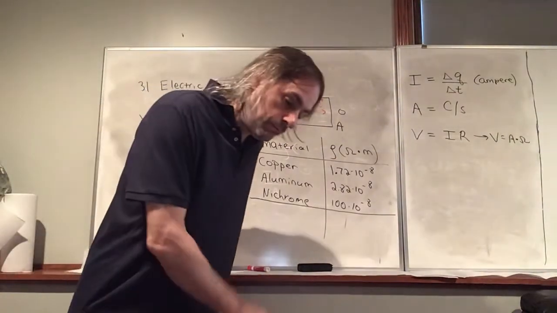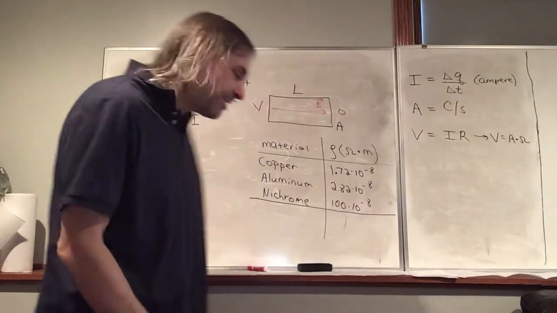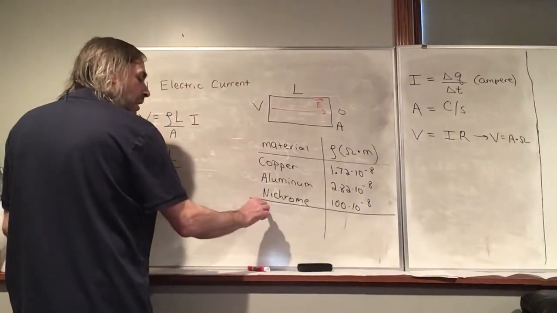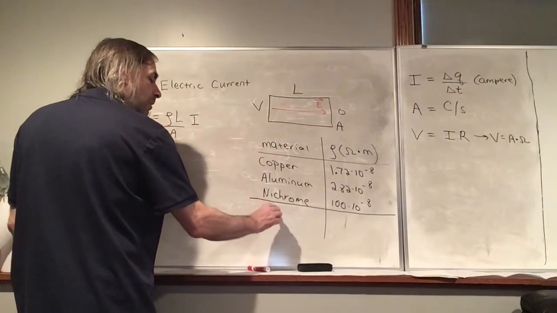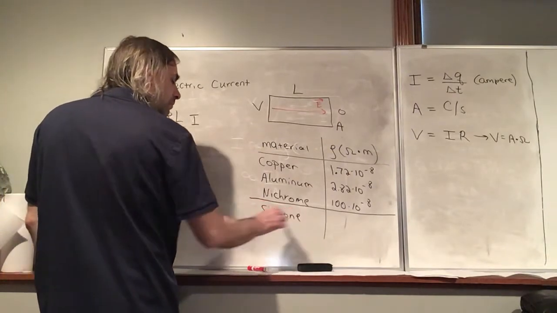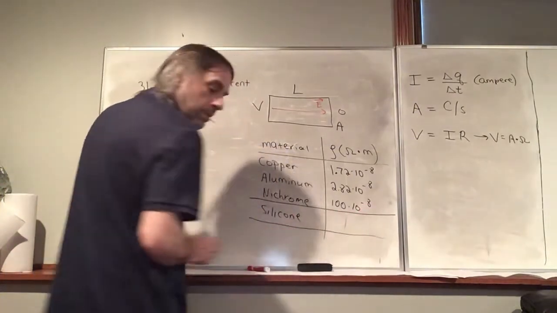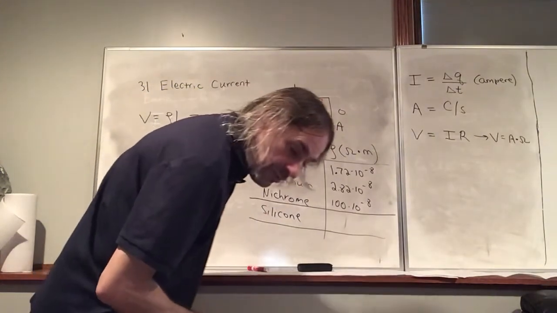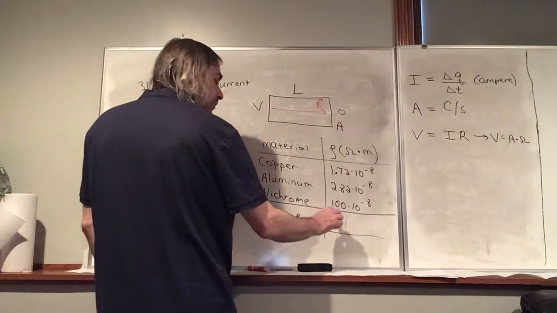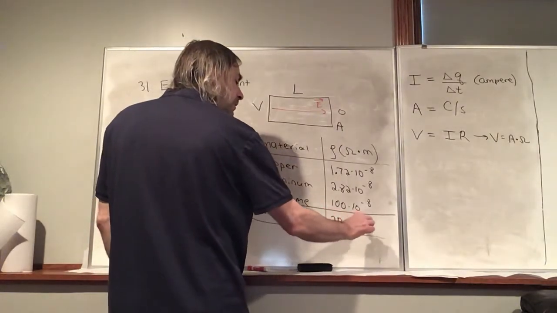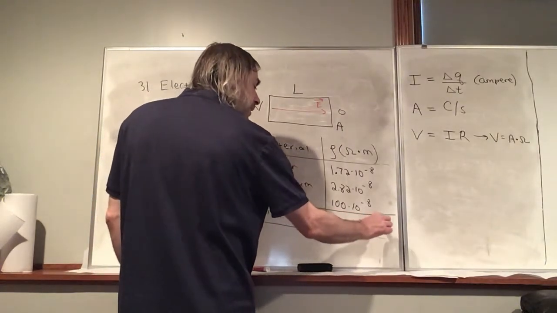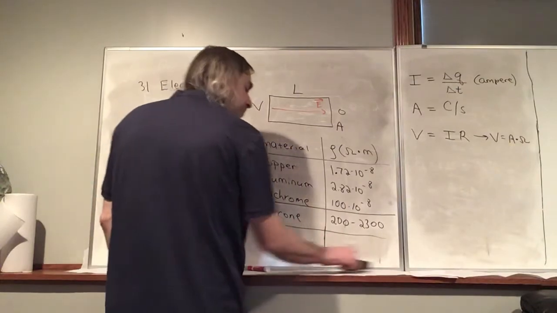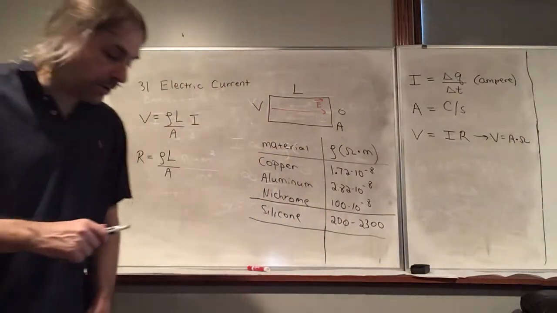I'm going to write another one, something called germanium. Actually, I use silicone. Silicone, now this one has a range anywhere from 200 to 2300. Let's just ignore that for a moment and move on, but I definitely want to come back and talk about silicone.